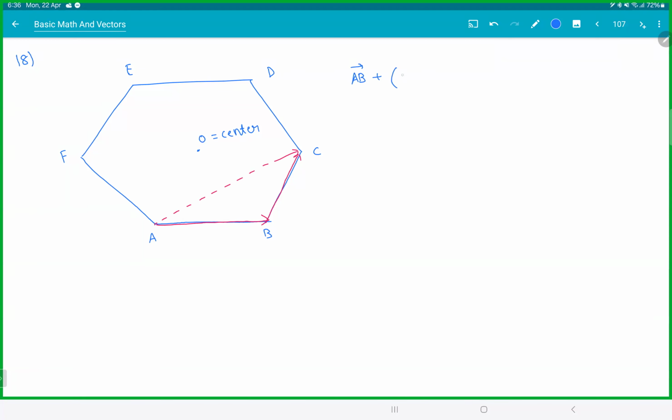AC bar can be written as AB bar plus BC bar. Agreed? Triangle law. AD, leave it as AD only. Then what about AE bar? AE bar can be written as AD bar plus DE bar.